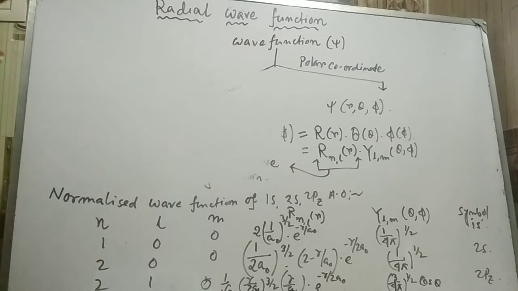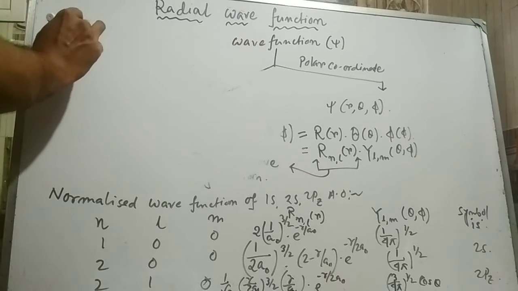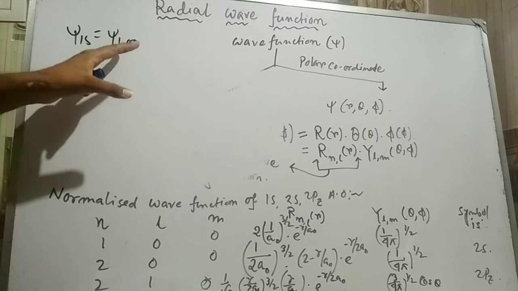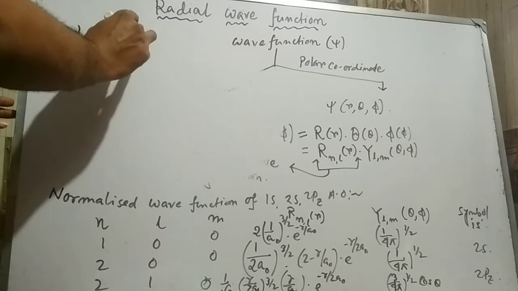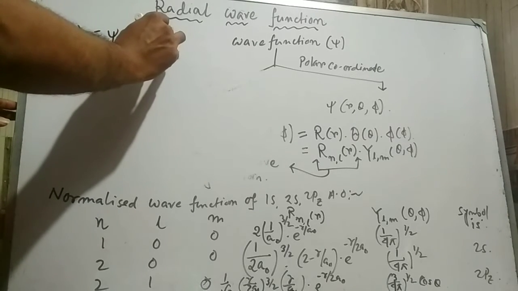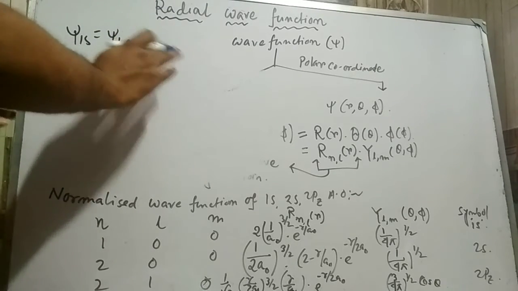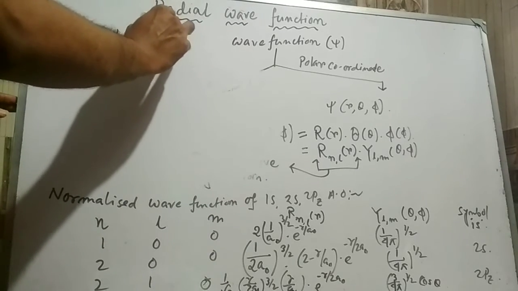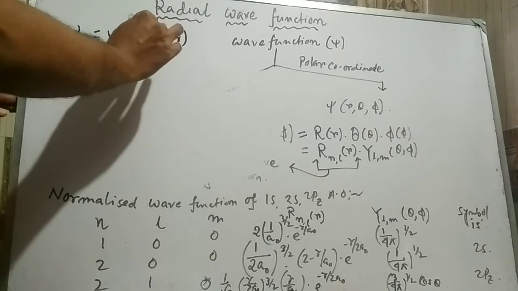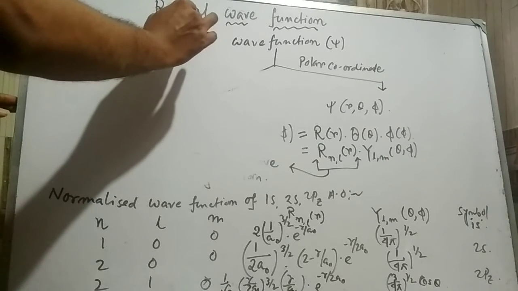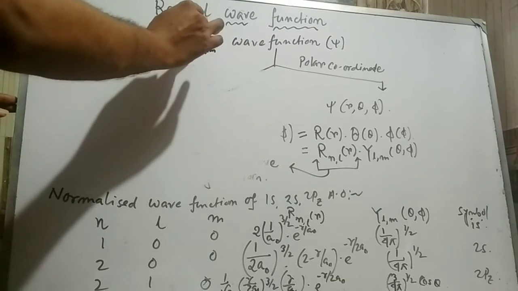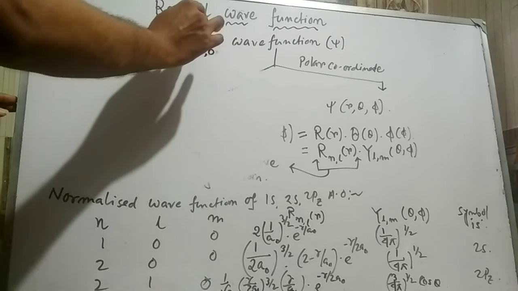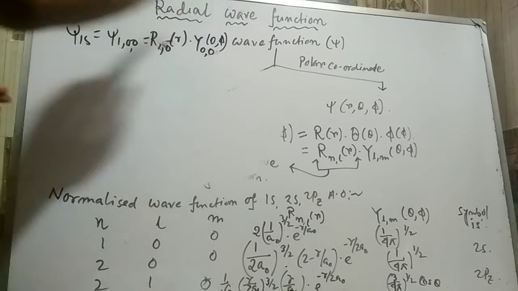So in case of the 1s orbital, psi 1s, that is psi 100, that is psi nlm, is the product of the radial wave function R_nl(r), with n value 1 and l value 0, and Y_lm, that is Y_00, the function of theta and phi.